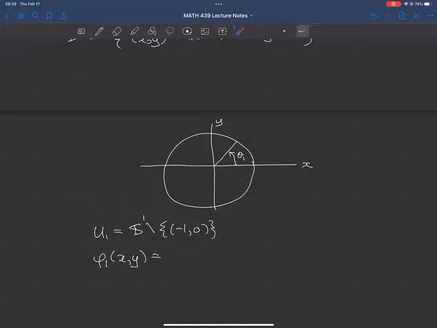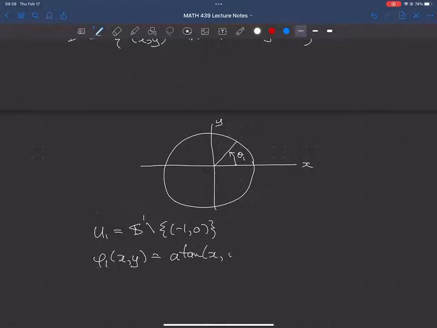The problem with that construction is that it's only valid between minus pi over 2 and pi over 2. To really have this defined for angles between minus pi and pi, you can't use just the normal inverse tangent function. You have to use what I would call a smart tangent function, which I write as atan.